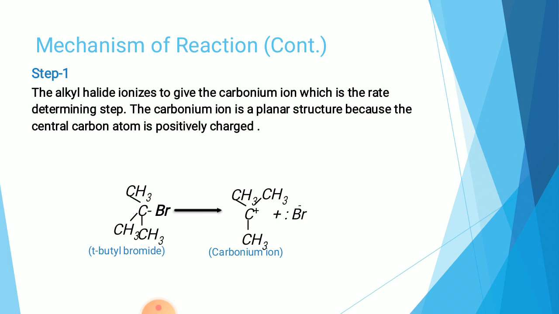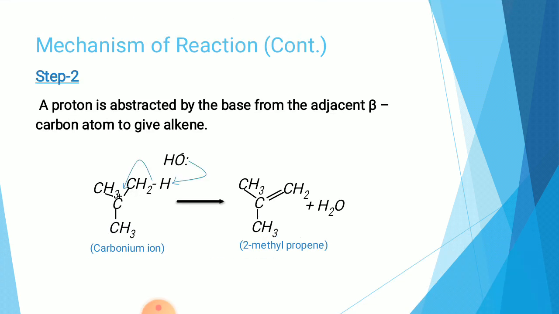As all 3 alkyl groups are arranged in such a manner, the structure will be a planar structure, and the centrally placed carbon atom becomes sp2 hybridized, carrying a positive charge, forming a carbonium ion. Then we will go to the next step, that is step 2.